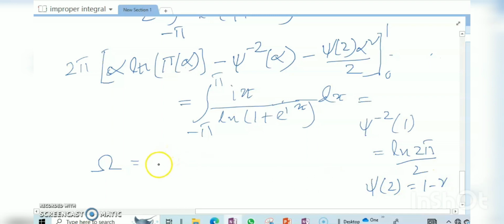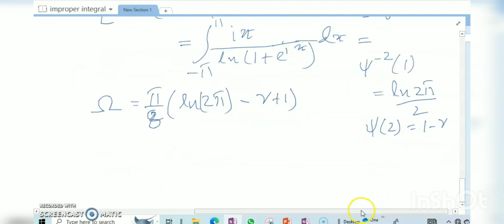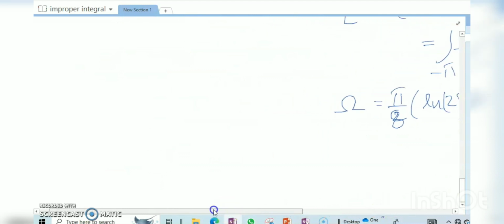So putting all the values, we get pi by 8 ln 2 pi minus gamma plus 1.